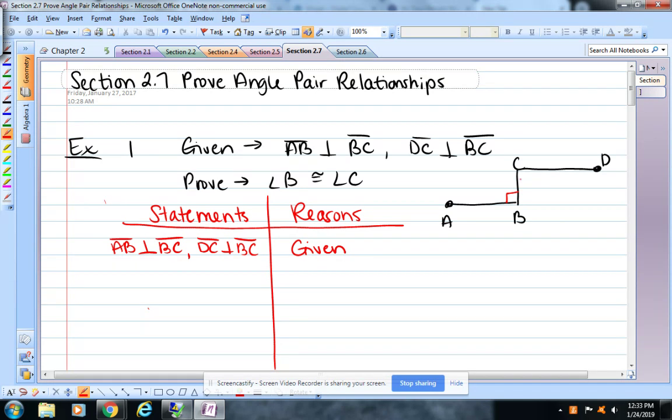It also means that angle C right here is a right angle, because DC is perpendicular to BC also. So I can say that angle B and angle C are right angles, and that is from the definition of perpendicular lines.